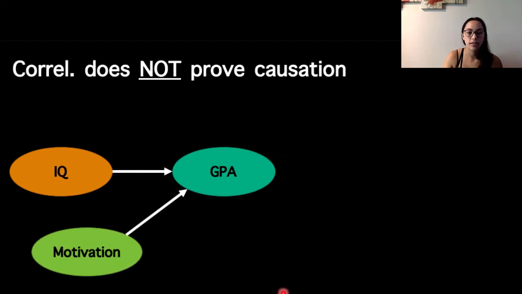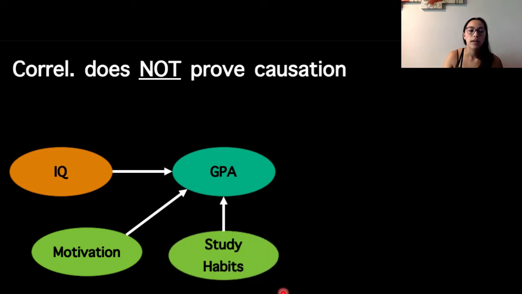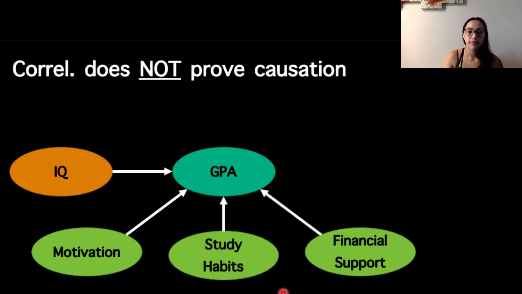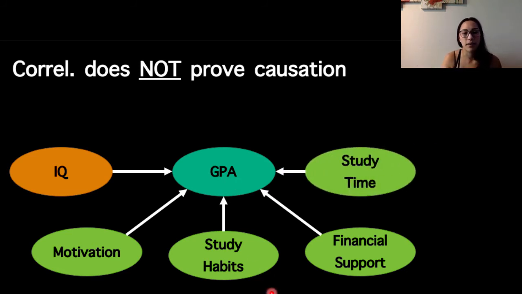Right? There could be other factors such as a person's motivation in school, what their study habits are, if they have financial support, right? Because for most of you, if you're paying for your tuition or paying for rent while going to school, so if you're living away from home, generally speaking, if you don't have grants or scholarships, you have to have a job. And how much time you put into work outside of class could impact how much time you actually get to study for a class, which could end up influencing your GPA, right? We'll also have the amount of study time.